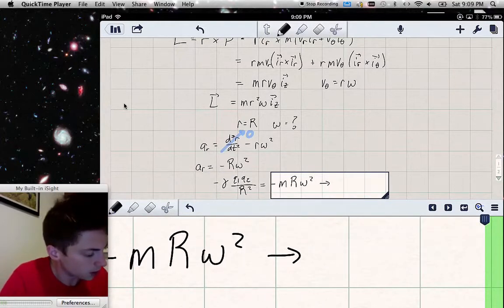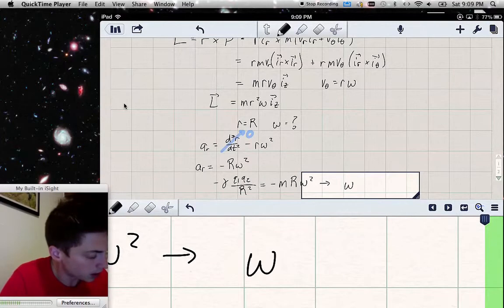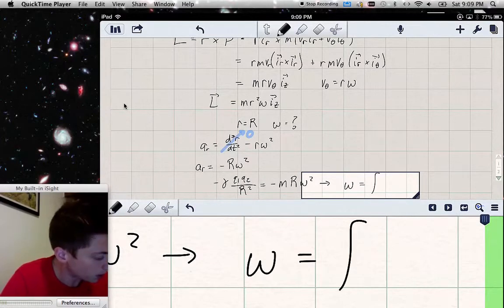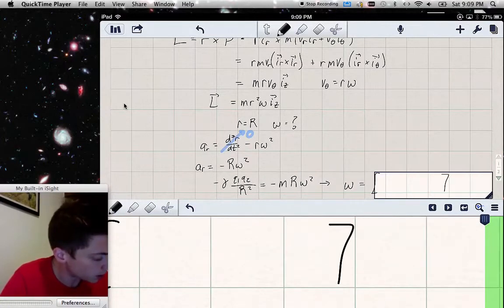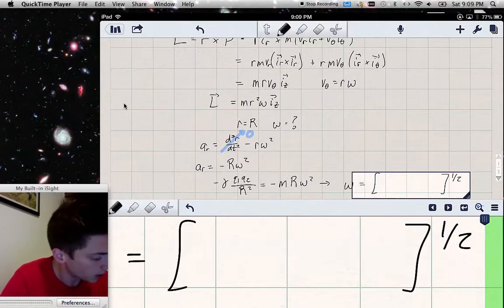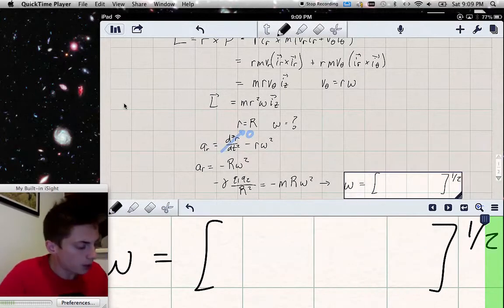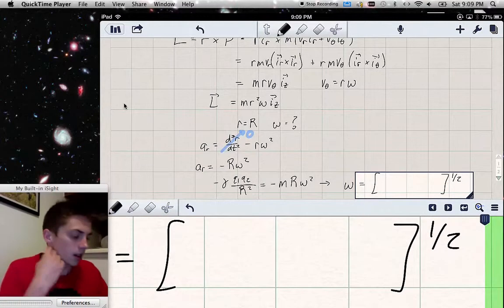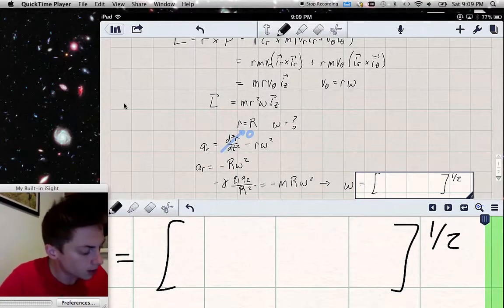Just doing this briefly, I haven't done this problem yet. Omega is equal to a big thing to the 1/2. We're going to divide by mass, and we're going to divide by R, increasing the R in the denominator to R cubed.